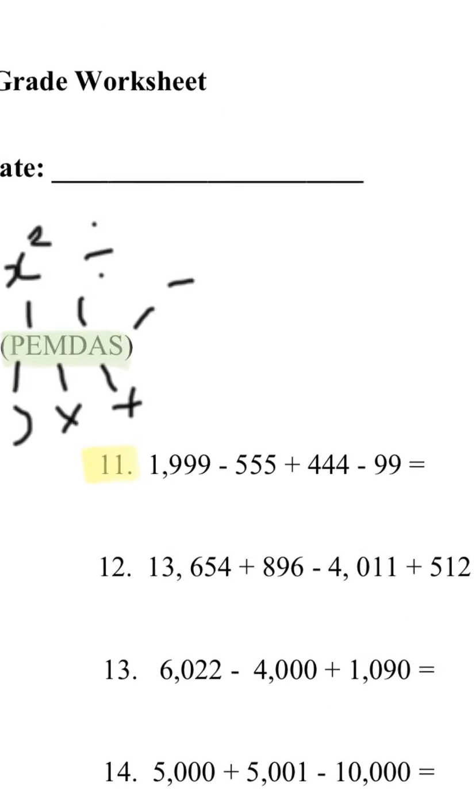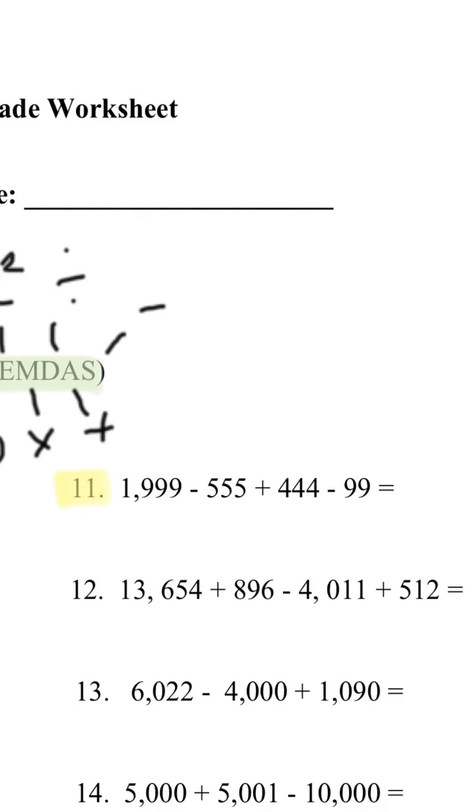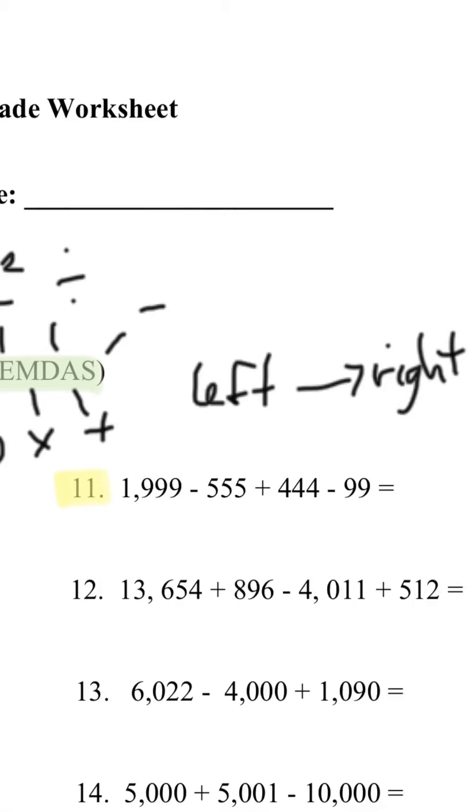And there is also another rule of left to right when there is addition and subtraction, or division and multiplication together.